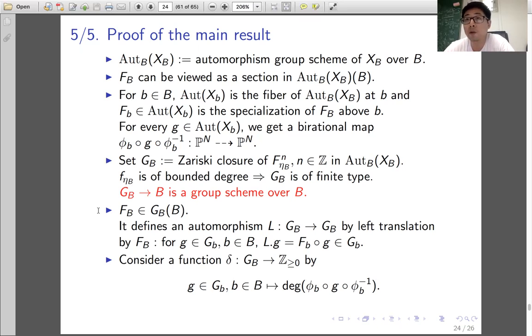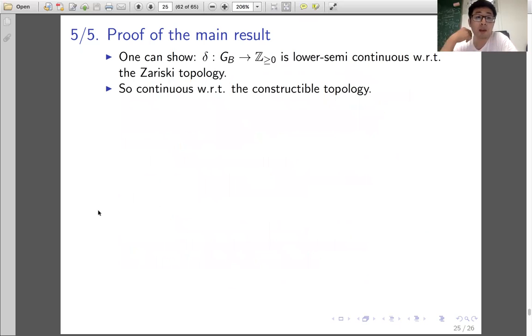Then we take the degree. It's easy to show that this function delta from G_B to Z_{≥0} is lower semi-continuous with respect to the Zariski topology. So it is continuous with respect to the constructible topology.